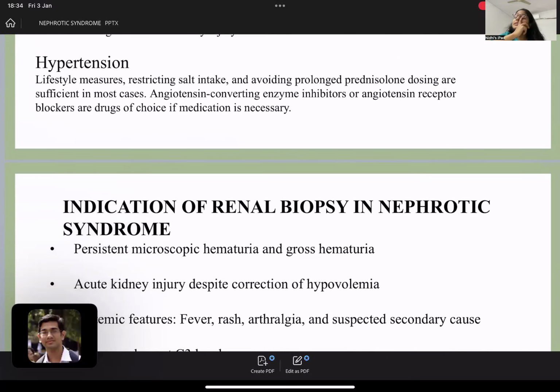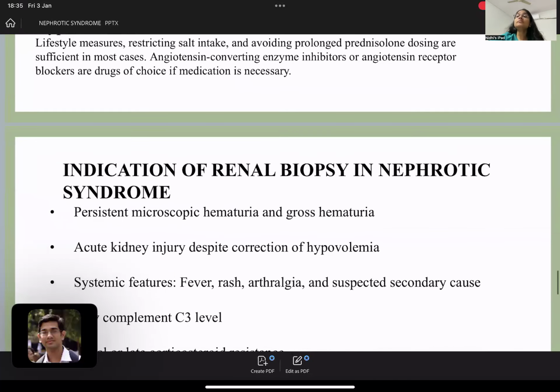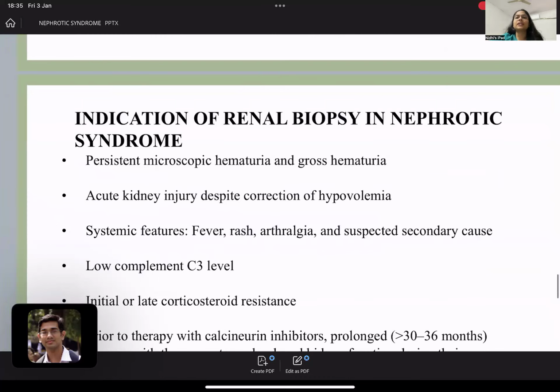Now, hypertension can be managed by making the patient more active, lifestyle modification, restricting the salt intake, and avoiding long-term prednisolone dosing, as we have already discussed, it causes hypertension. We can give ACE inhibitors or ARBs. They are the first choice of medication for hypertension in nephrotic syndrome, as they're renoprotective.